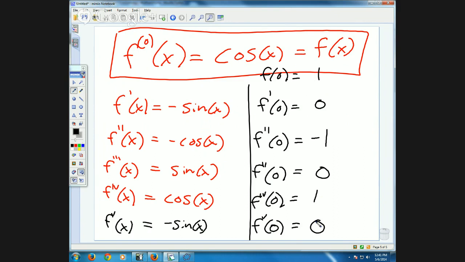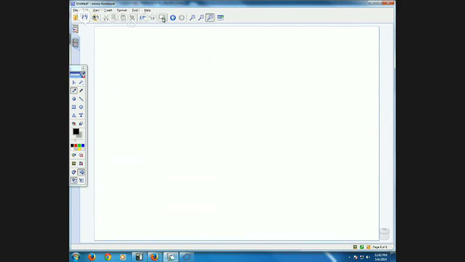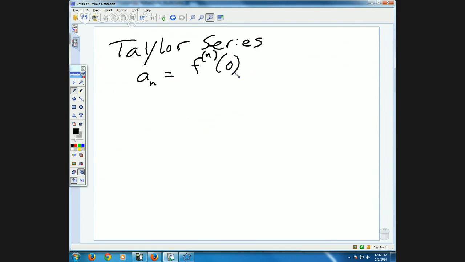Okay, let's go back to the formula for a Taylor series, or Taylor polynomial. The coefficients, which I'm calling a sub n this time, are the nth derivative evaluated at the center, in this case 0, over n factorial. So let's write down what we have.